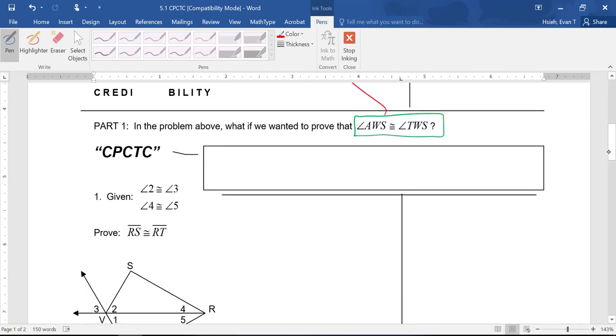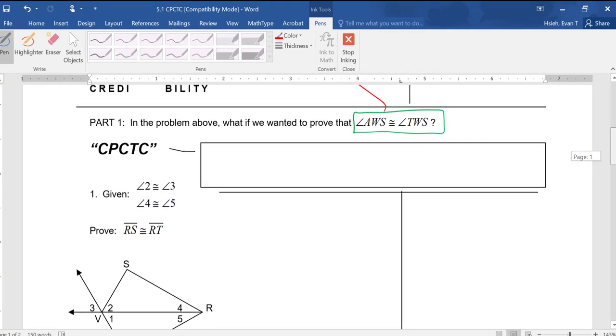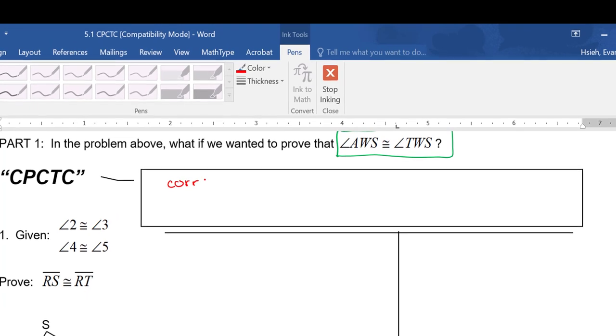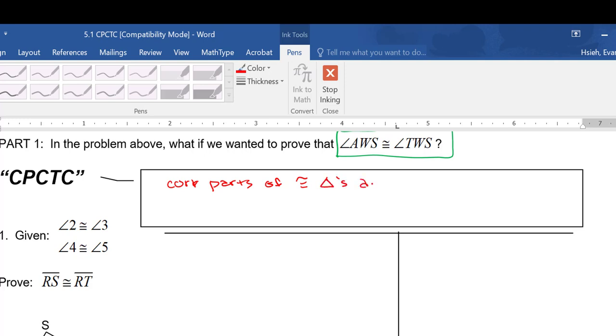CPCTC stands for corresponding, not congruent, okay? Students always want to start with congruent, but it's corresponding parts of congruent triangles are congruent.